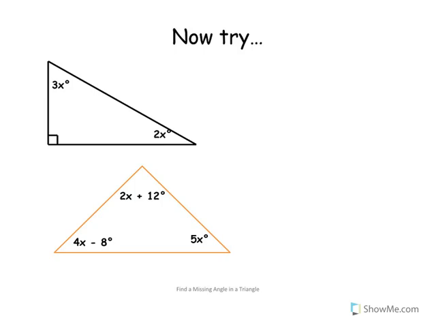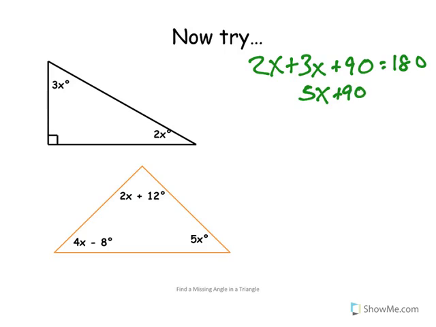All right, so here's your now try, right? So you can pause it, and we're going to solve for x and then substitute. So for the first one, I can do this, even though I would generally just do 2x plus 3x is 90, or even just cut right to 5x equals 90 if I was doing it.